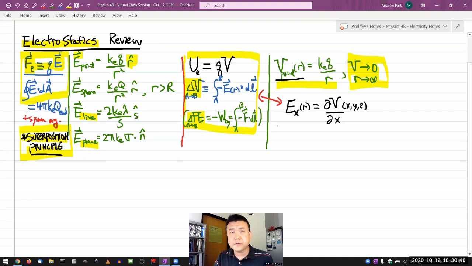And I always forget this minus sign. There's a minus sign there. If you've taken multivariable calculus, then you might be able to understand this expression, which is that electric field as a vector is the negative of the gradient of the potential, the potential function as a function of all the coordinate variables. So this is the penultimate thing.